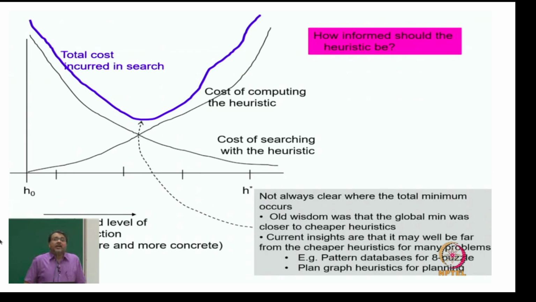Now, we are starting with H0. What is H0? A very trivial heuristic. Where will we go? We'll optimize it and go to an optimal heuristic, which is H star. Okay, fine.